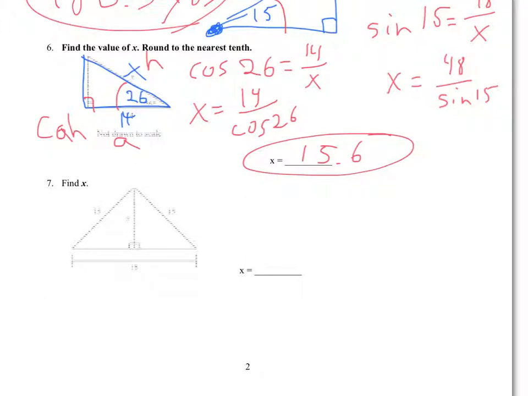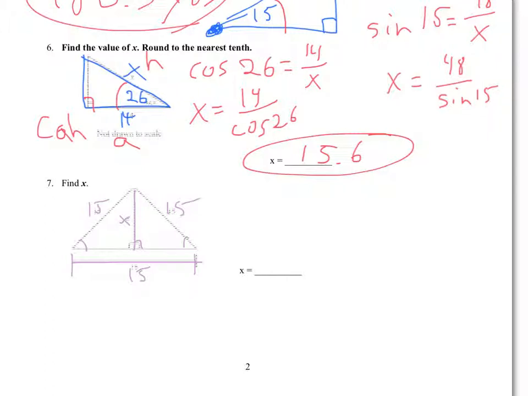Okay, number 17, we've got a triangle with 15 here, 15 here, x, and then a whole length of 15. This is a right angle. Well, it's going to be an isosceles triangle.